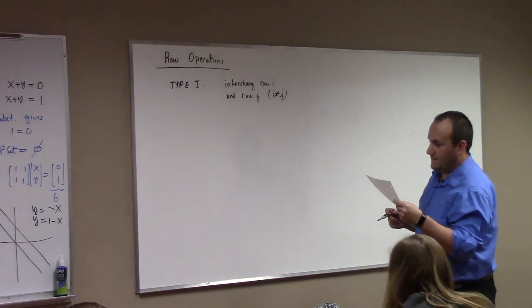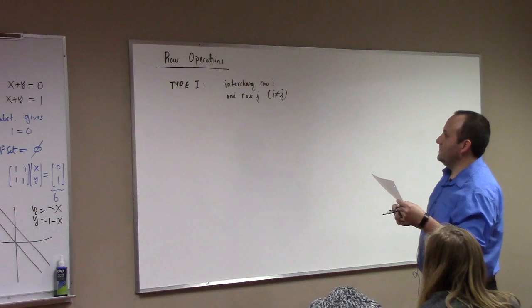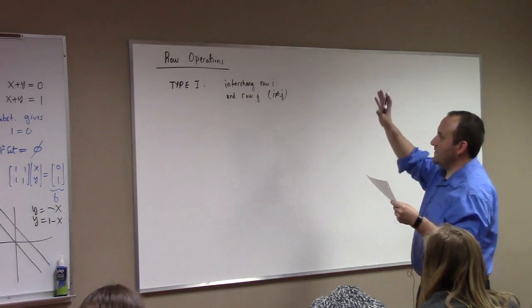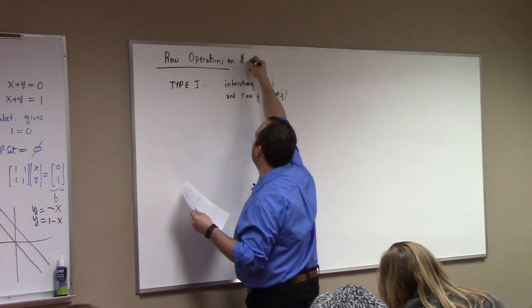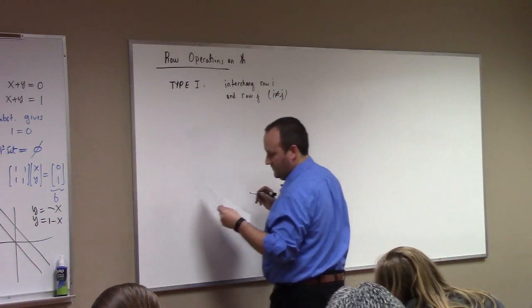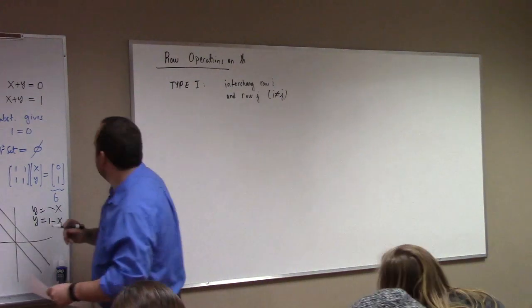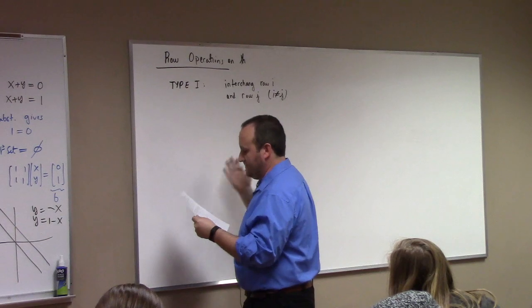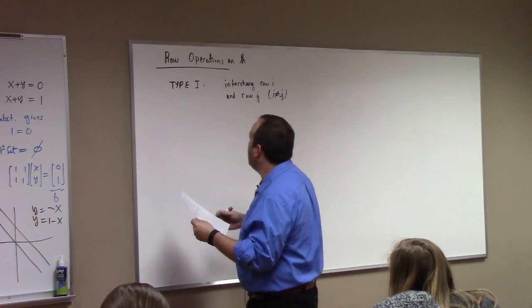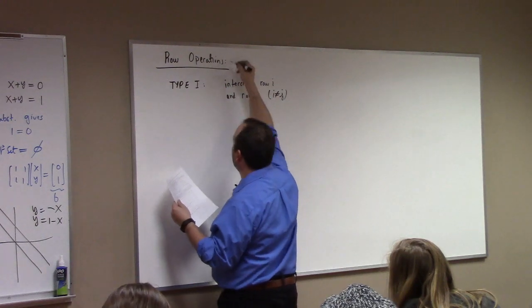So what I'm describing now is row operations on, oh curses, sorry guys, let me just go ahead here. We can swap rows i and j.